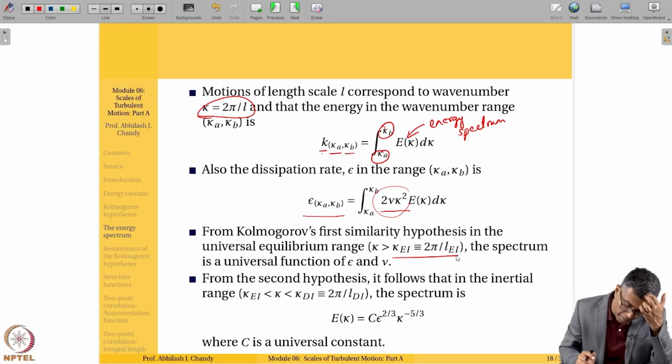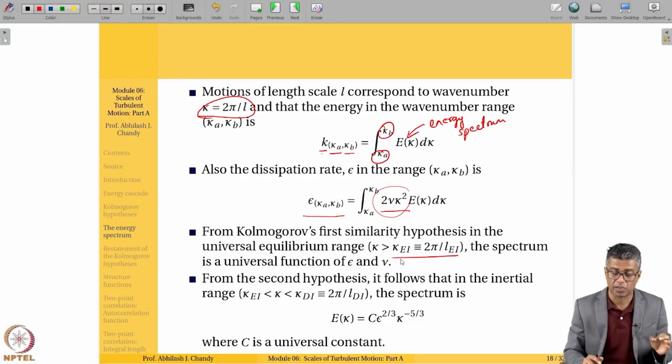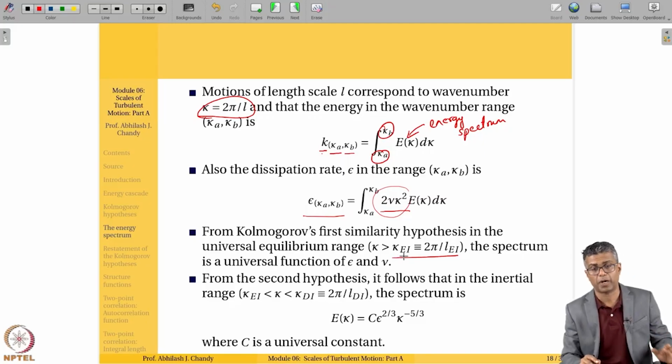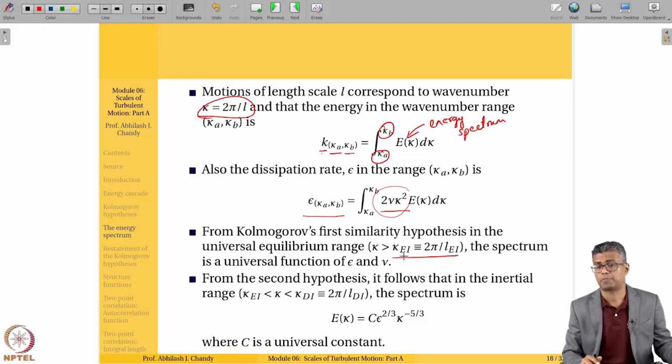This is the wave number associated with the energy containing scale. So for kappa greater than kappa_EI, the spectrum is in the universal equilibrium range, so it depends on both epsilon and nu, which means your energy spectrum function should only depend on epsilon and nu, isn't it? Should only depend on epsilon and nu.